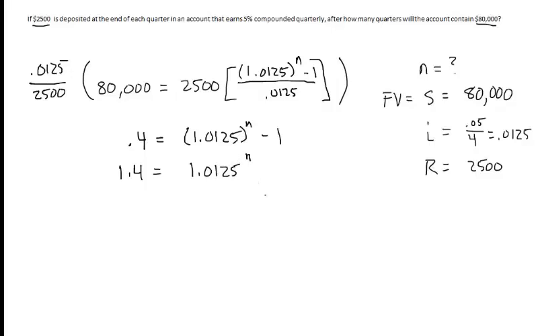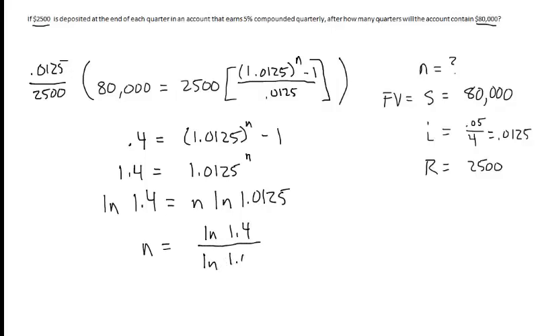And now I'm going to take the ln of both sides to get the n out of the exponent. And now n is equal to the ln of 1.4 divided by the ln of 1.0125.